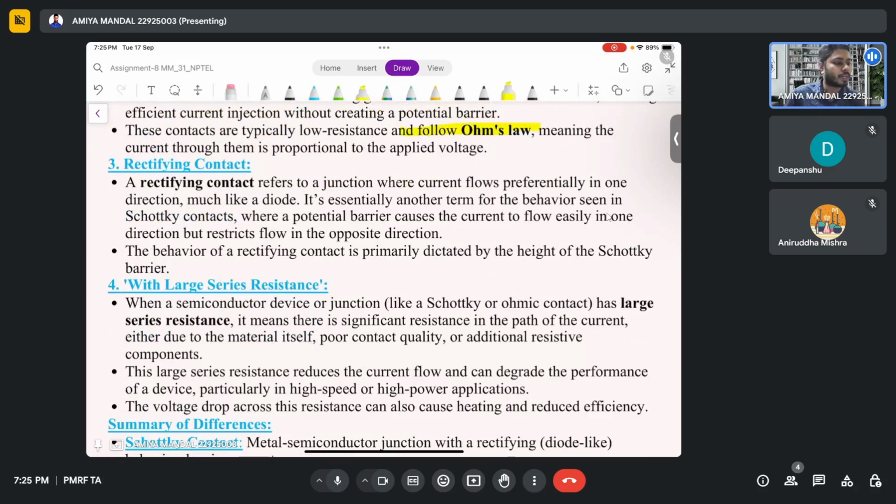And a rectifying contact is nothing but a junction where current flows preferentially in one direction, much like in a diode. So in a diode there is unidirectional current. But here it is not unidirectional. There we apply an AC voltage, and the current should flow in each direction.